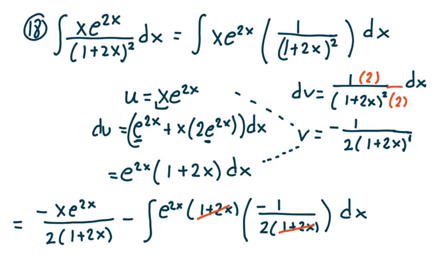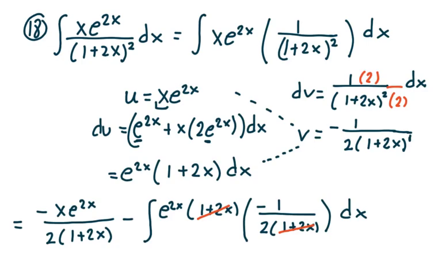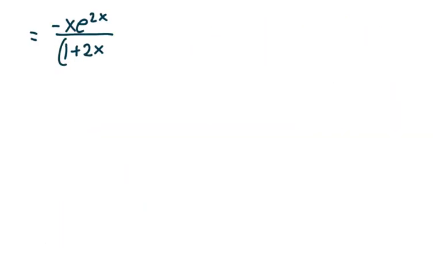Okay? From here, I'm going to get the following. I get negative x e to the 2x divided by 1 plus 2x, and let's remind ourselves, times 2. Okay? Minus a negative is plus 1/2 the integral, right?